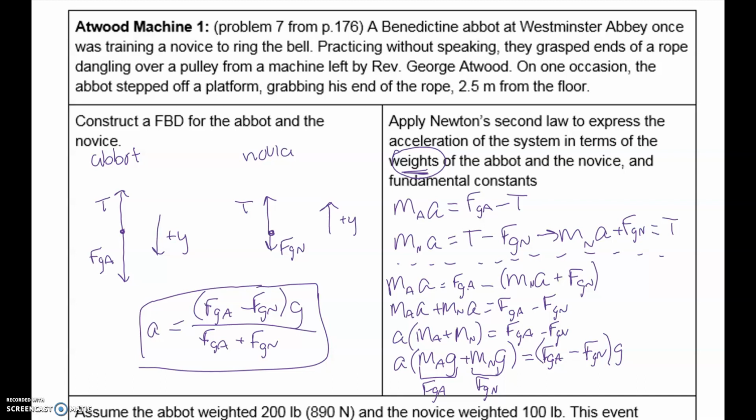All right, so we had to make sure our final answer is solved for acceleration, right? And it's in terms of weight and fundamental constants, which is g. That's allowed. So we had to do that little mathematical trick to do that. I'm going to do a little pause here, and you can continue this problem in the next video.